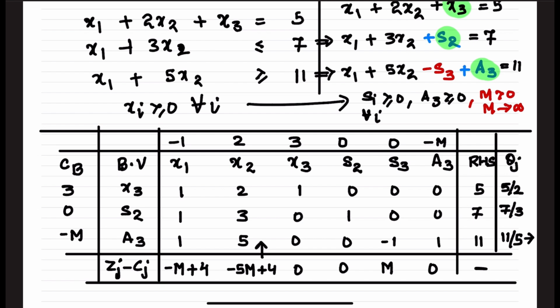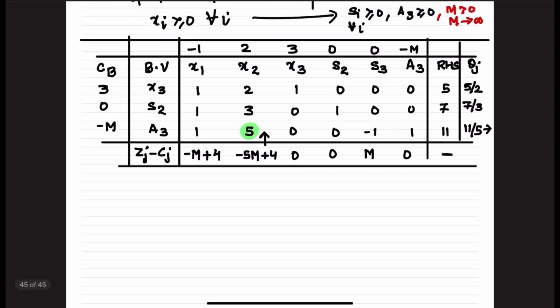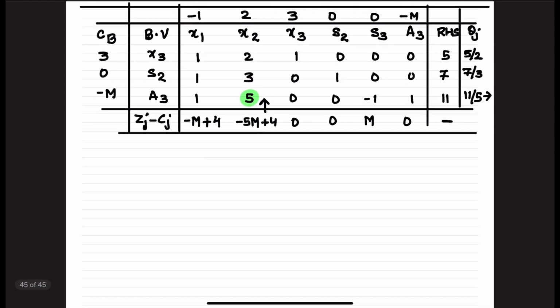So the minimum is 11 by 5. The pivot is 5. Now we extend our table. So x3 stays, S2 stays, A3 moves out, and x2 comes in.